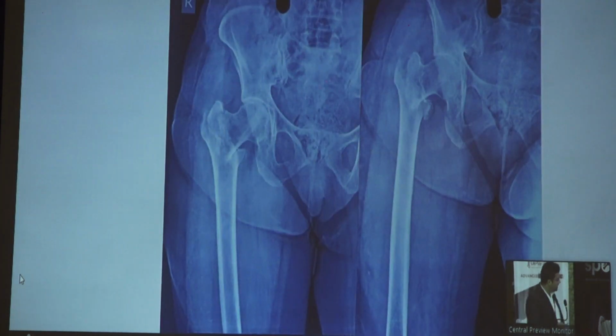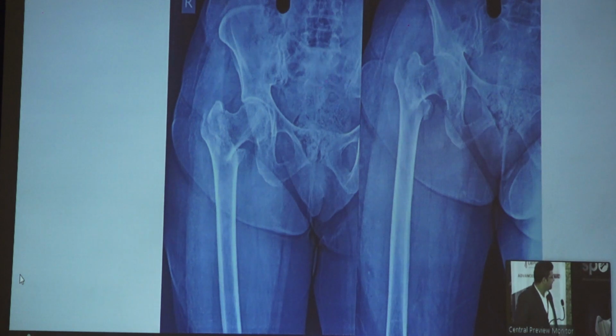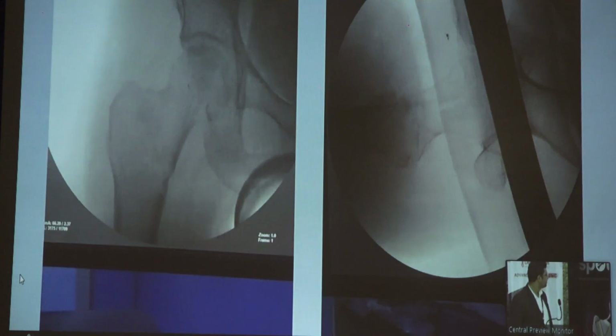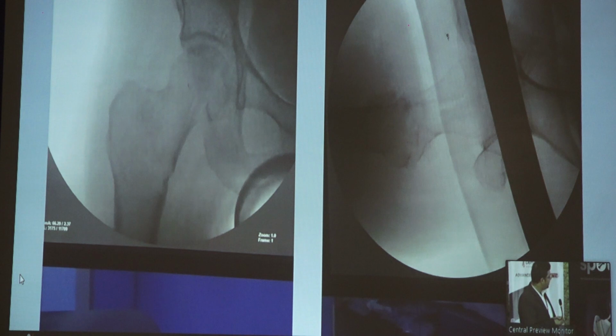Another case is a 78-year-old female. So the fracture is just in between the greater trochanter and the lesser trochanter is in the inferior segment. Again, good reduction. There was a greater trochanter fracture also, but I got little positive reduction. And on the lateral view also the reduction was nice.